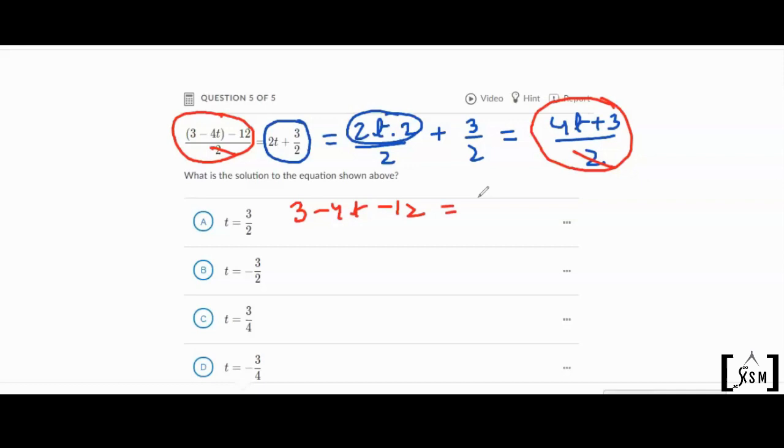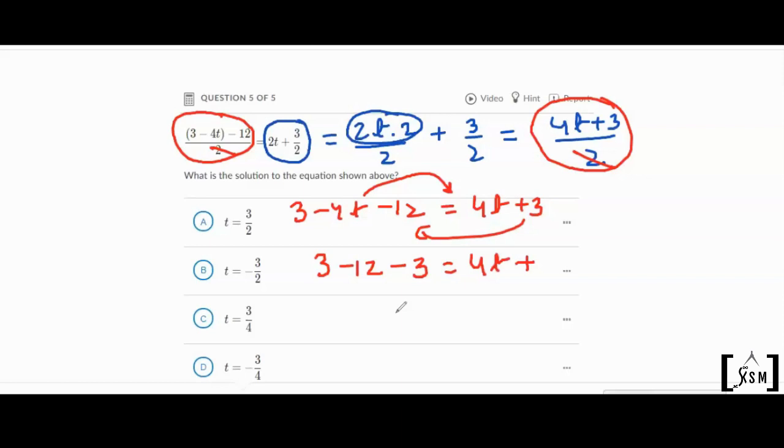We'll be solving, bringing t all together on one side and bringing 3 to the left side. So we get 3 minus 12, and this 3 will come this side and become negative 3, is equal to 4t, and this minus 4t will come this side and become plus 4t. 3 gets cancelled, we get negative 12 is equal to 8t. So negative 12 over 8 is equal to t.